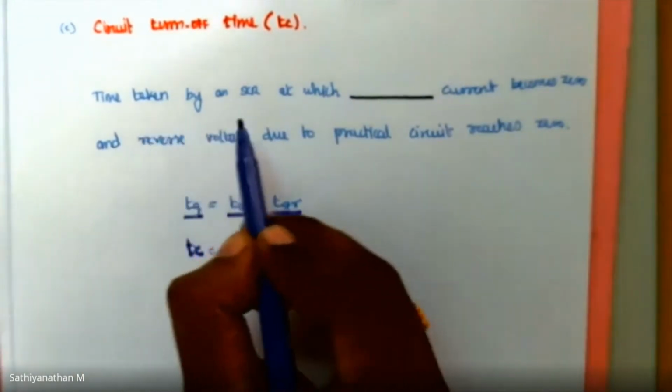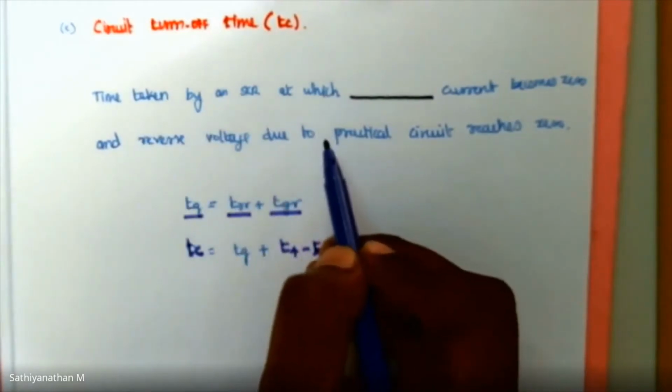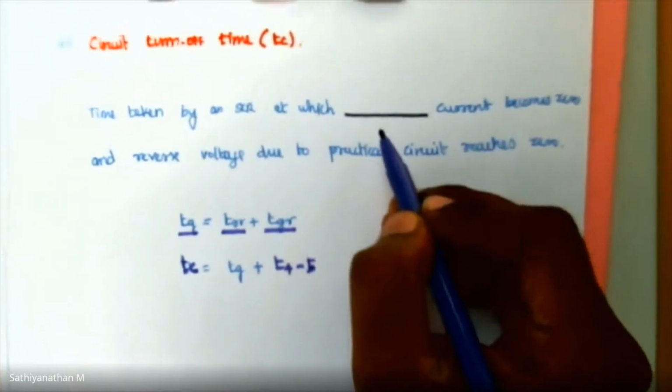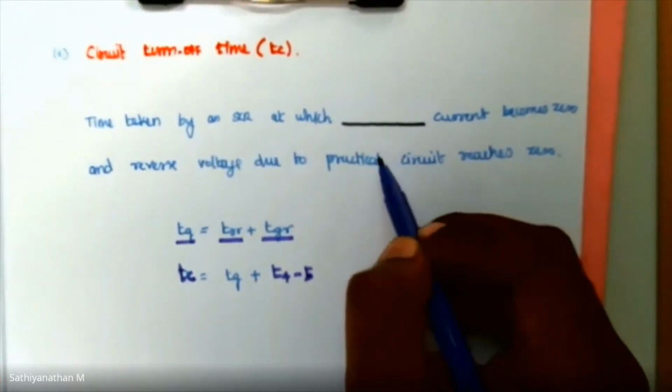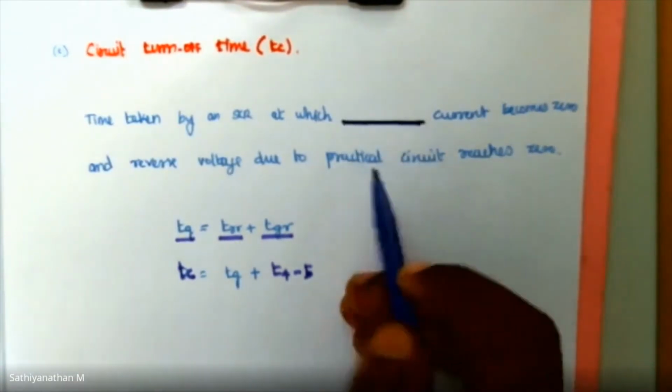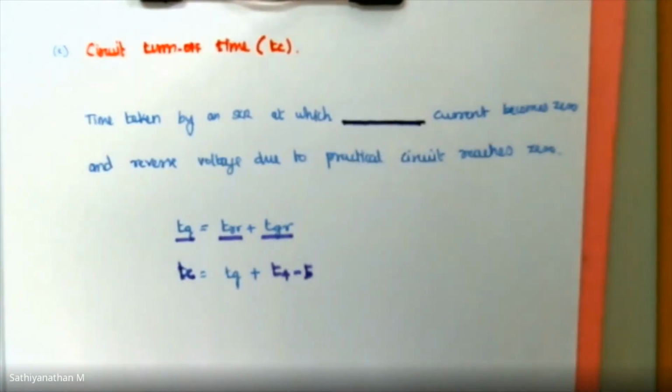So the time taken by an SCR at which current has to become zero. What do you mean by turn off? Which current has to become zero? Which current will become zero during the turn off time period?